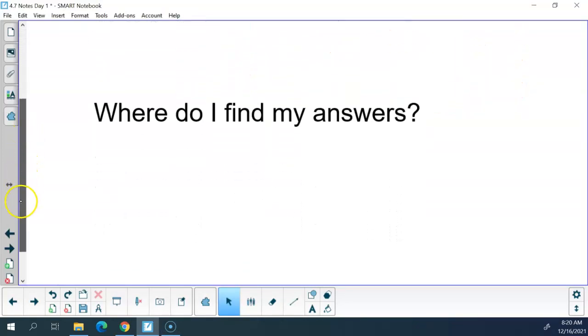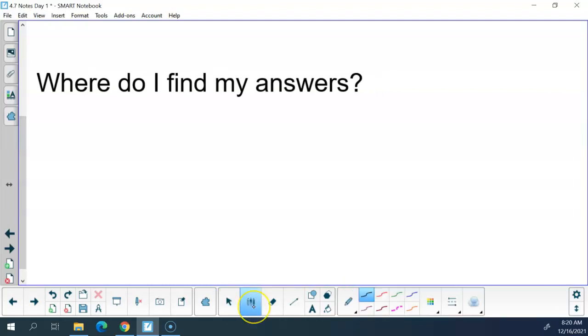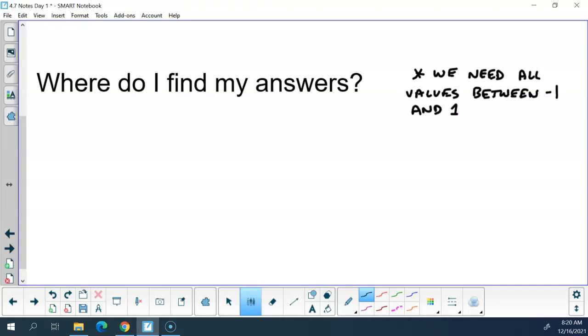So what I'm going to do here is I'm going to say we need all values between -1 and +1 of sine, right?